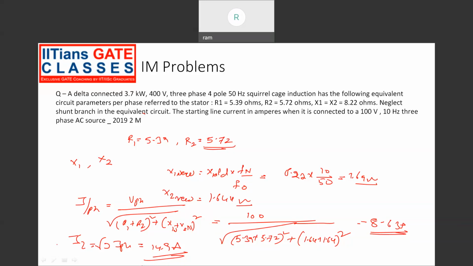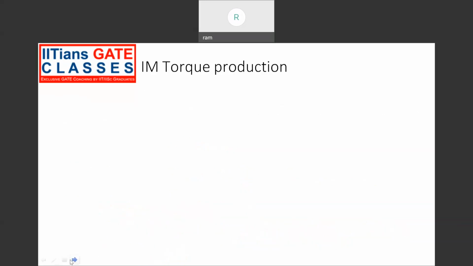Let's go to the next topic, that is torque production in an induction machine. We know that power equals torque into omega, where omega is 2 pi Ns by 60.